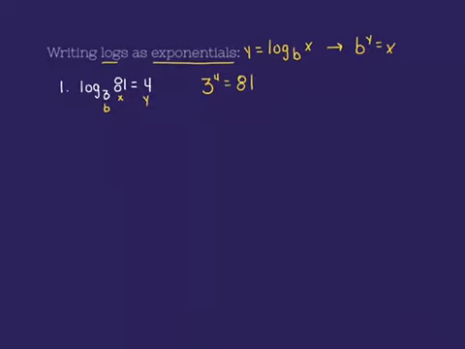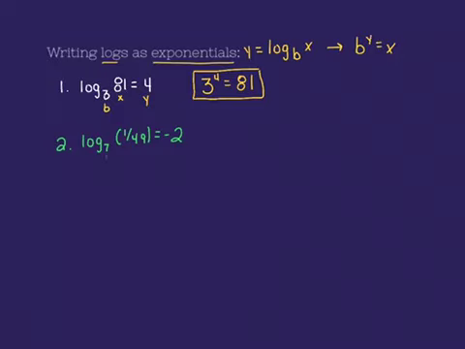You can actually check that one or just look at it and see if it makes sense. Is 3 to the 4th power 81? And it is. Next, let's look at log base 7 of 1/49 is equal to -2.